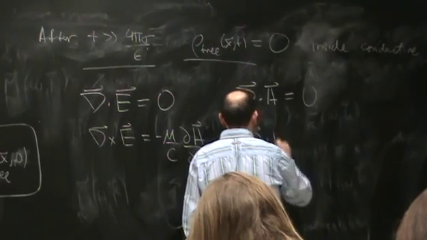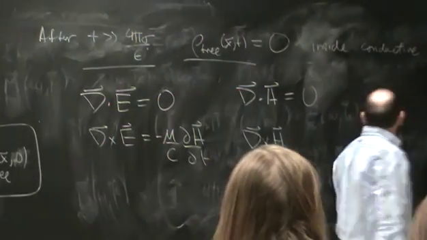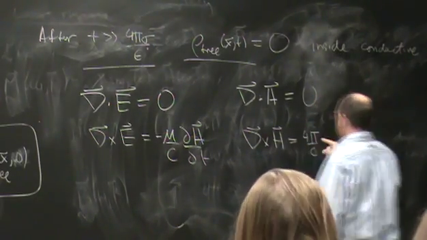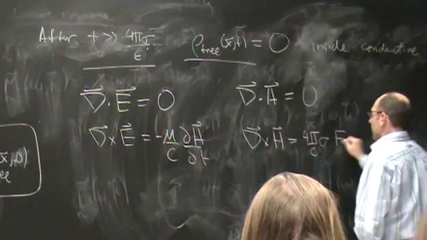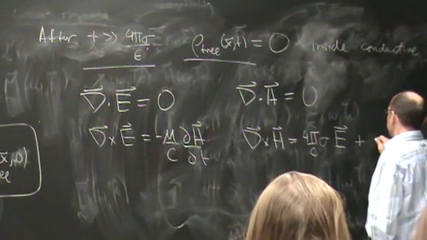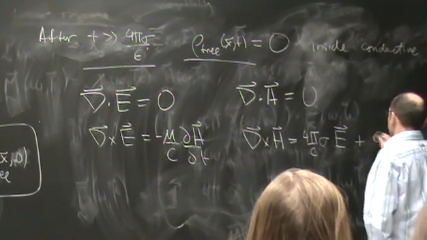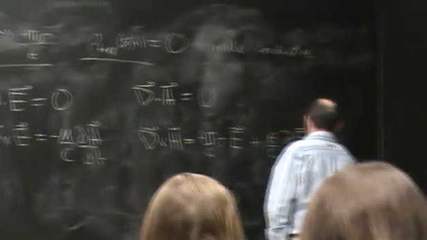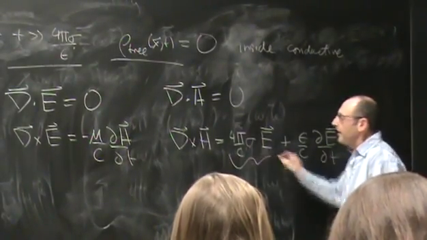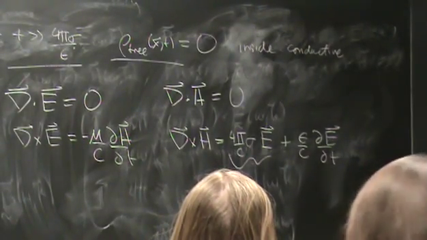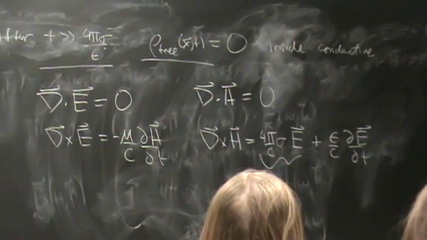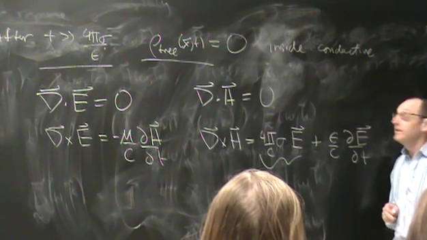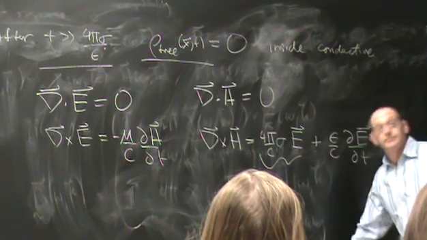But now we have the conduction current, which was J free, so del cross H is 4 pi over c times sigma E plus epsilon over c dE/dt. So what we have modified is the addition of a term that came from the free current density, which according to Ohm's law is sigma E. That's the addition to Maxwell's equations.